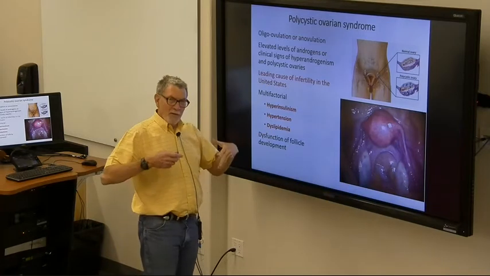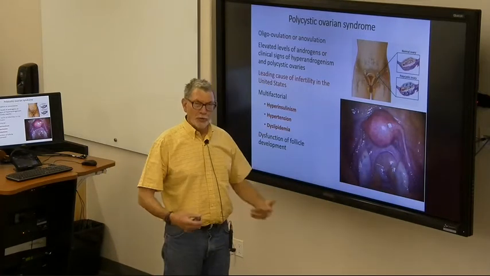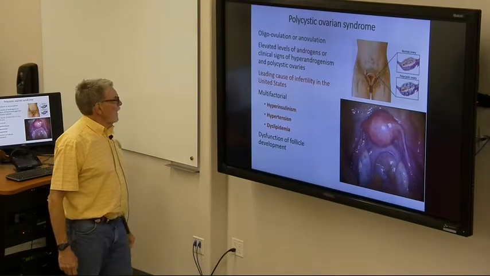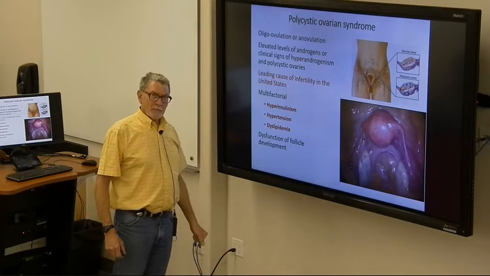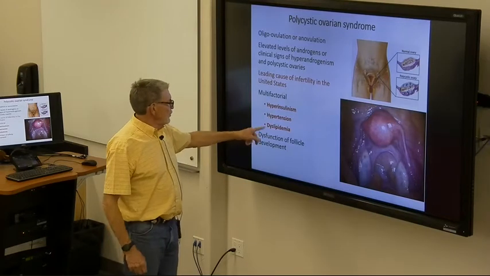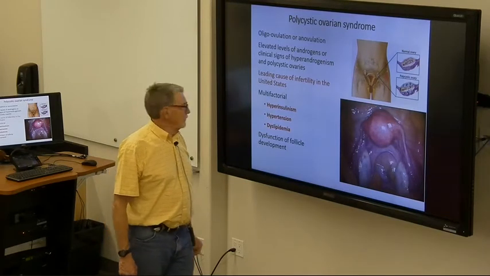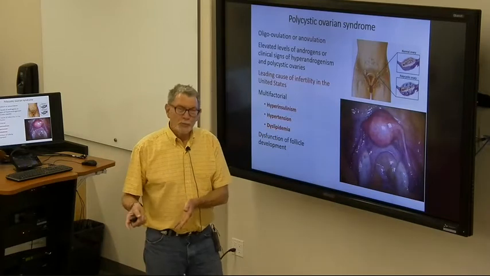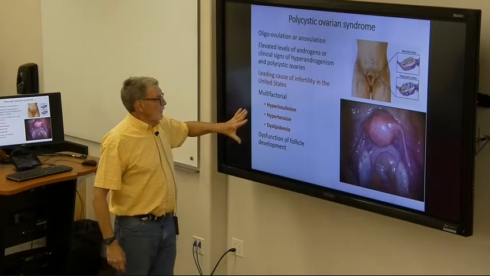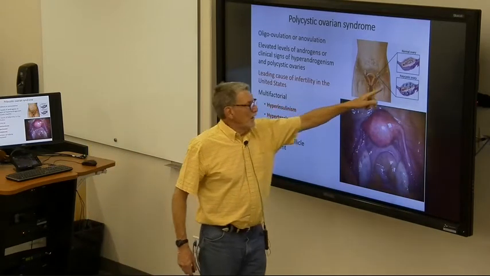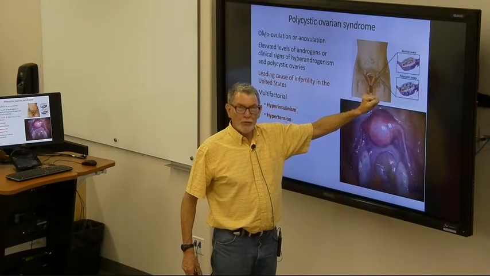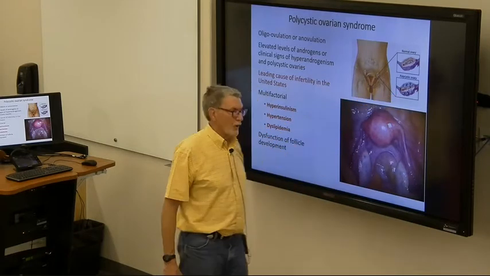So you might become slightly hirsute, hair growing where it's not supposed to. Hyperinsulin, the opposite of diabetes if you're making too much insulin. Hypertension, dyslipidemia, your triglycerides and cholesterols are way out of whack. All of those cause follicles to develop improperly, and these follicles that were going to become eggs just leave a cyst, leave a hole there.